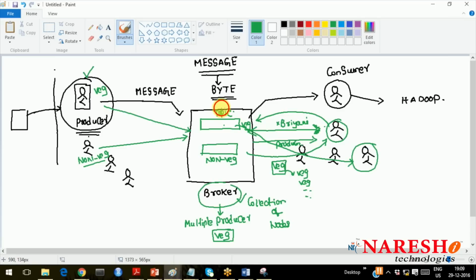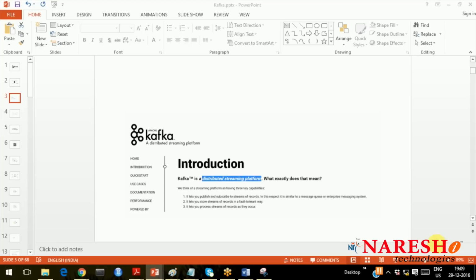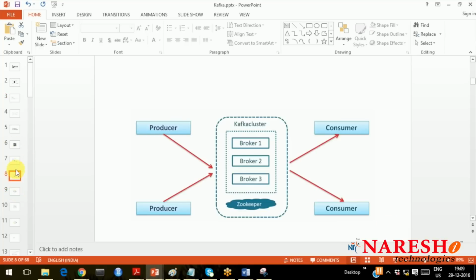A topic is nothing but a unique way of organizing the messages. The topic data will be divided into small parts called partitions, and the partitions will be distributed into multiple machines. You can have a look at this diagram where you will get a clear idea. Look at this here.